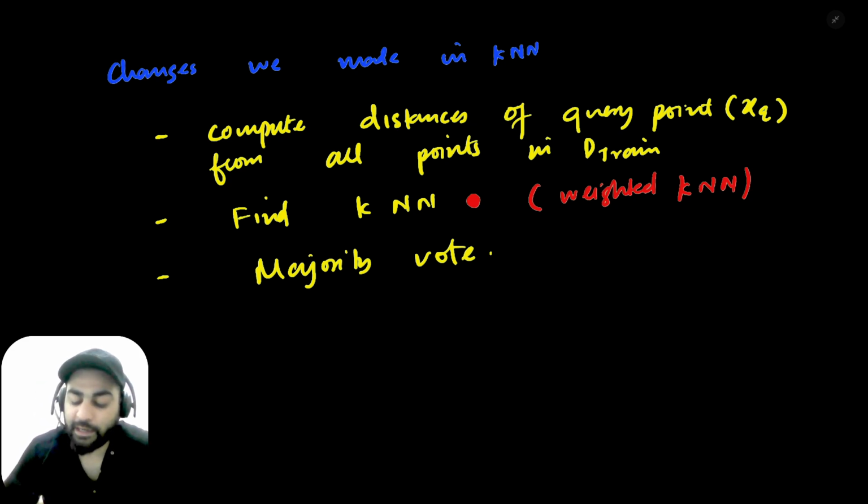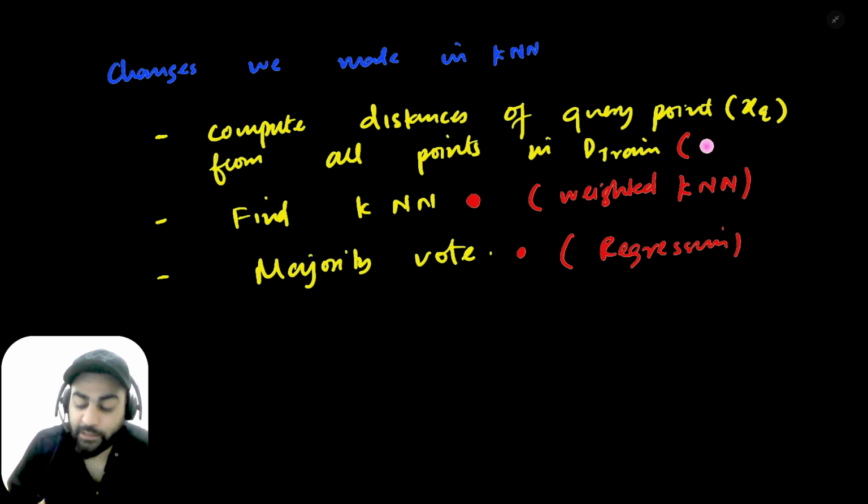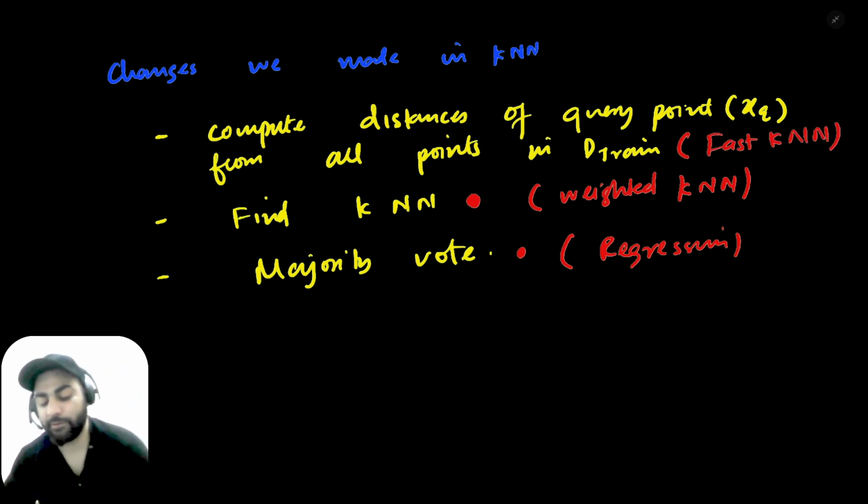Then in regression, we changed the last step. When we had to change this algorithm from classification to regression, we changed the majority vote; we did not do a majority vote, we computed the mean. And in order to reduce the complexity and make this algorithm faster, we changed this step. This was for fast KNN, because we wanted to compute this faster.